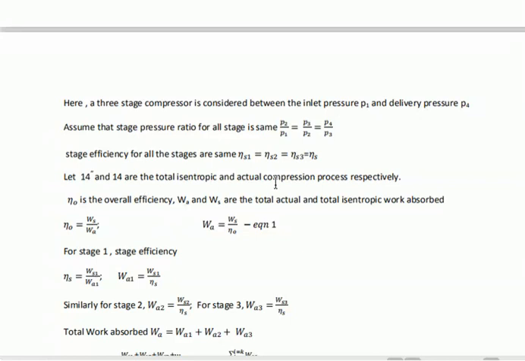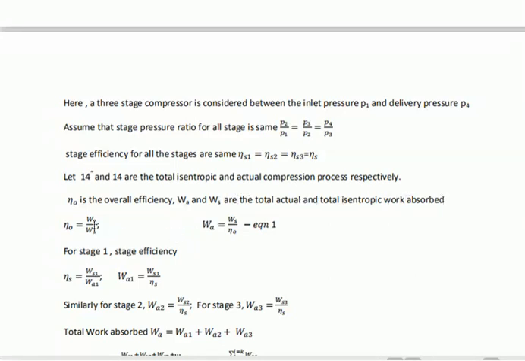Here, eta naught is the overall efficiency. WA and WS are the total actual and total isentropic work absorbed. So this WA is the total actual work absorbed, and this WS is the total isentropic work absorbed.